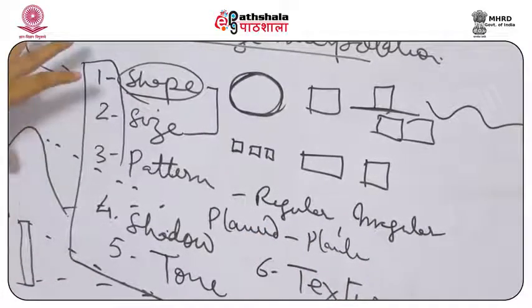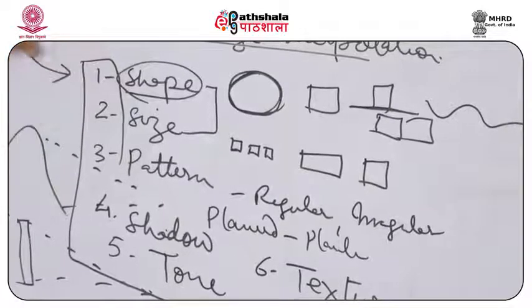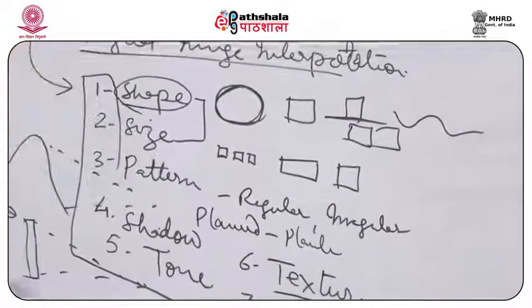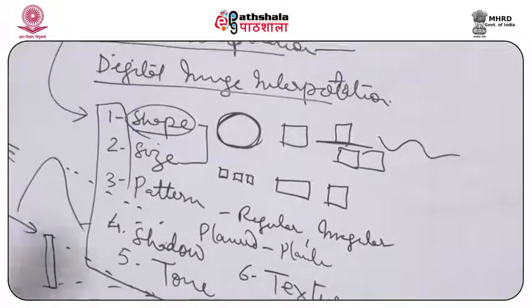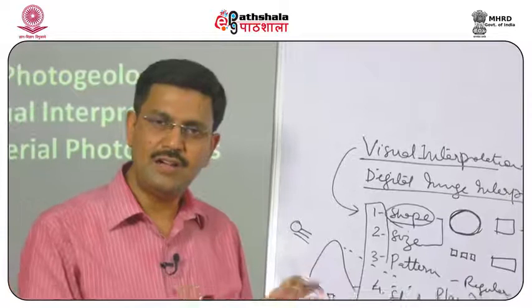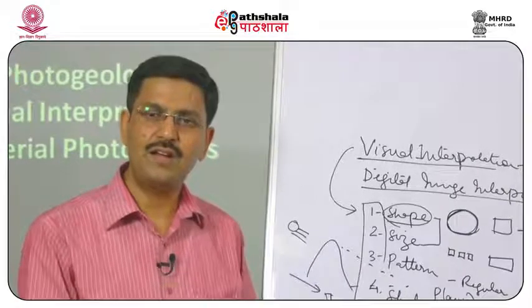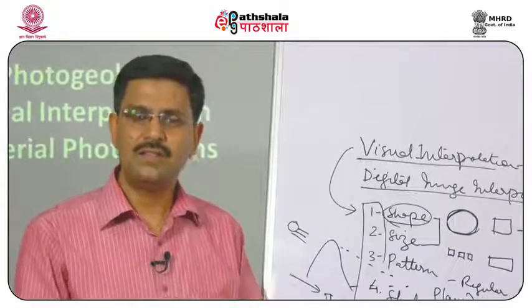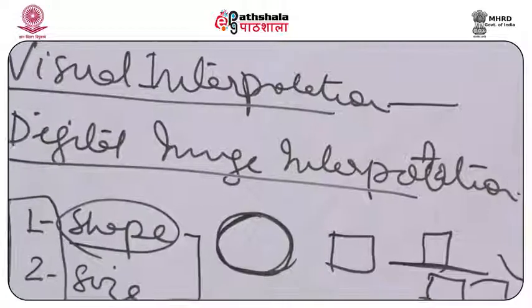So, in order to identify and interpret visually by using aerial photographs, you may need one, two, a couple of any of these 8 or 9 elements for identifying and interpreting a particular object in geological studies or any other studies.